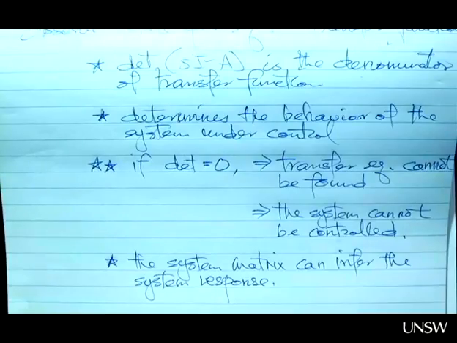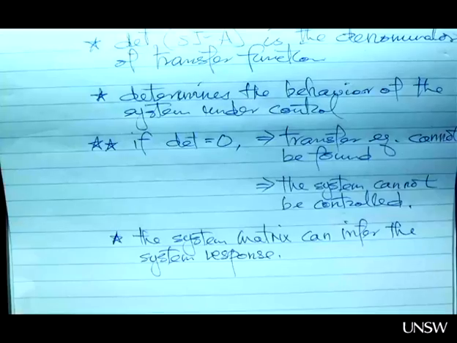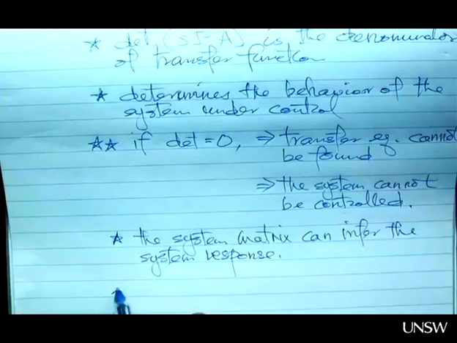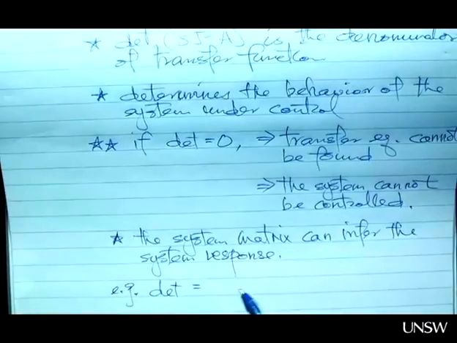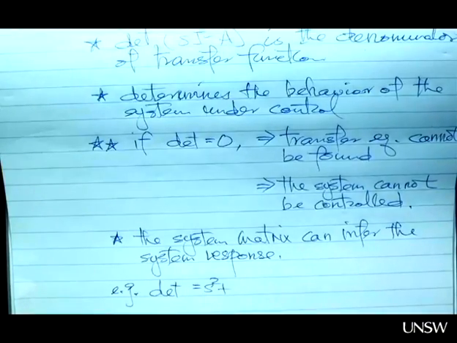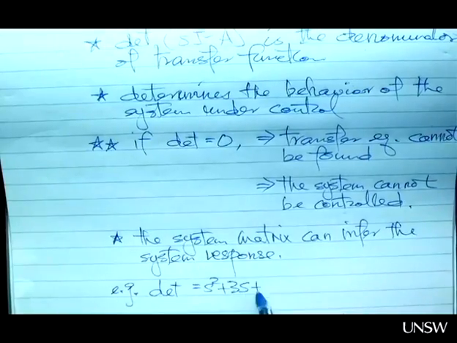In our example, we have the determinant equals s squared plus 3s plus 2.